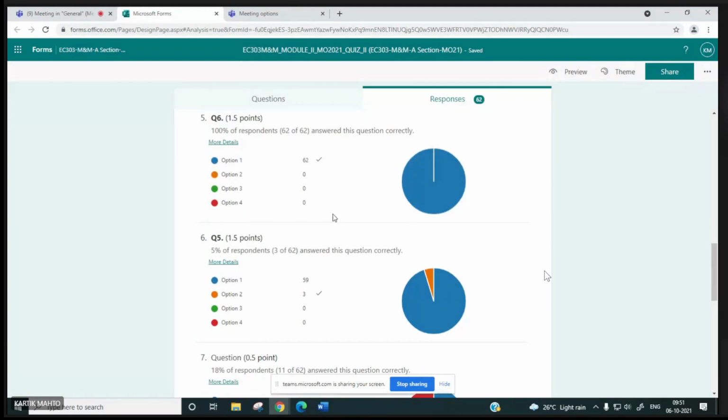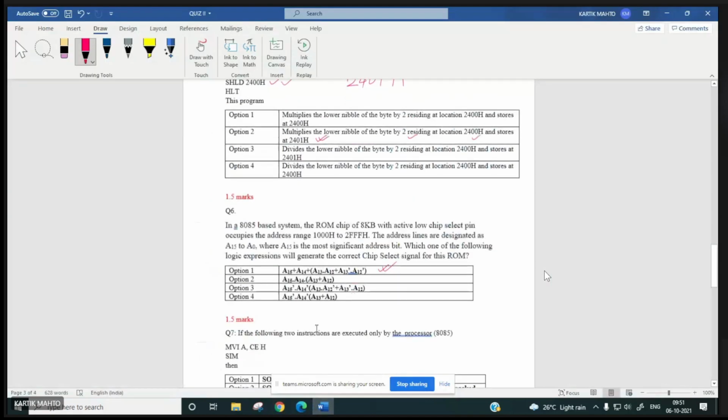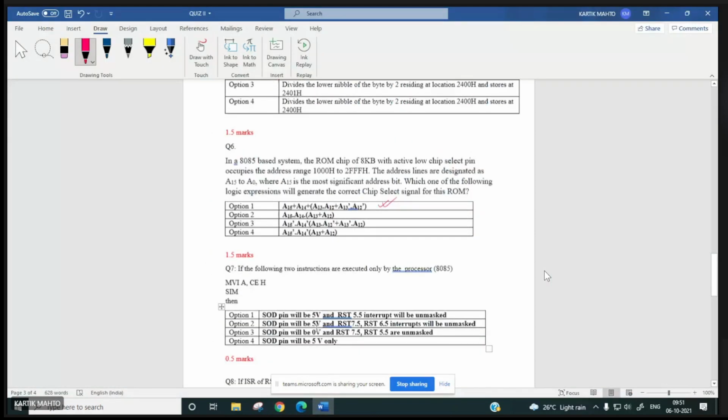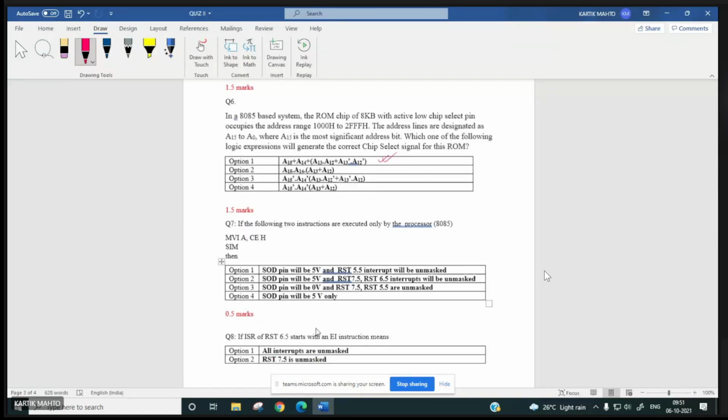Okay. So then MVI A, CEH, right? SIM. E is 1110, right? So since the EI instruction is not there, followed by this, nothing will happen to this, right?